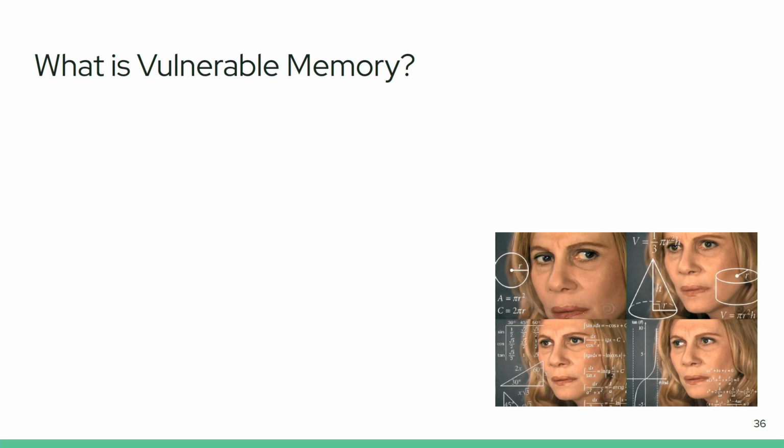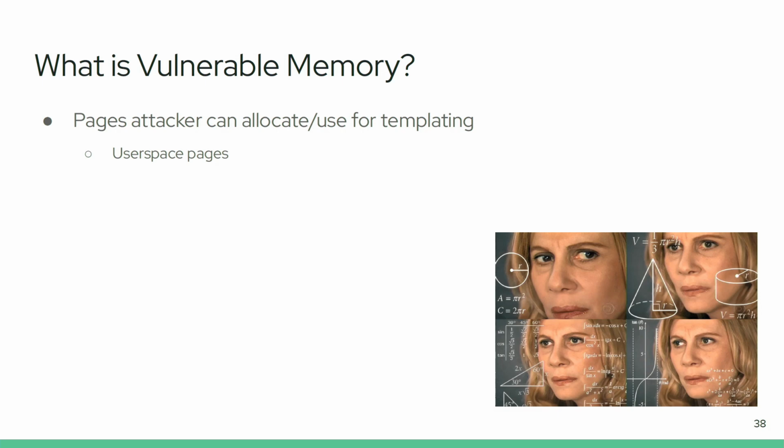But if we want to defend in software from Rowhammer, we still have to have some operating system notion of what is vulnerable memory. So, of course, these are pages that an attacker can allocate themselves directly, and they can use these for templating. So these are user space pages, such as the ones that you can get with mmap or brk system calls. But what we also look at is all the pages that the kernel allocates or the kernel can allocate on behalf of the attacker.